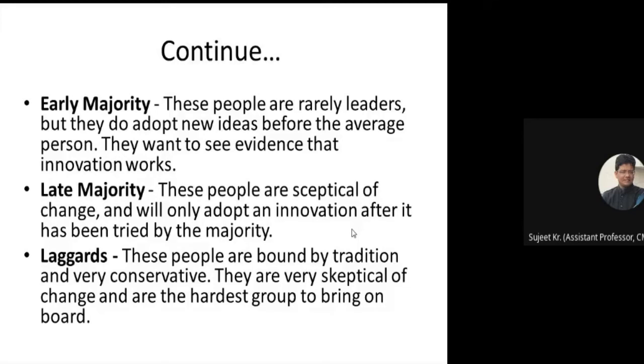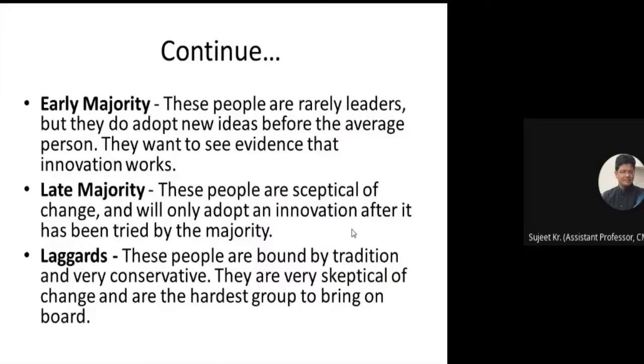If I'm talking about laggards, it does not mean, for example, taking smartphones, that one person may be a laggard in the adoption of smartphones. It does not mean that that person will be a laggard on every innovation, on every new idea. No, this category may change for every person.